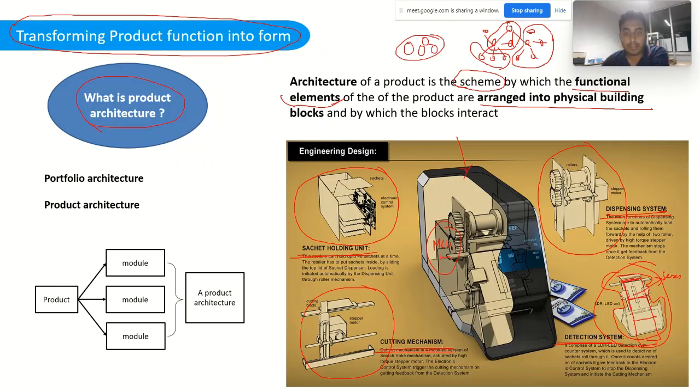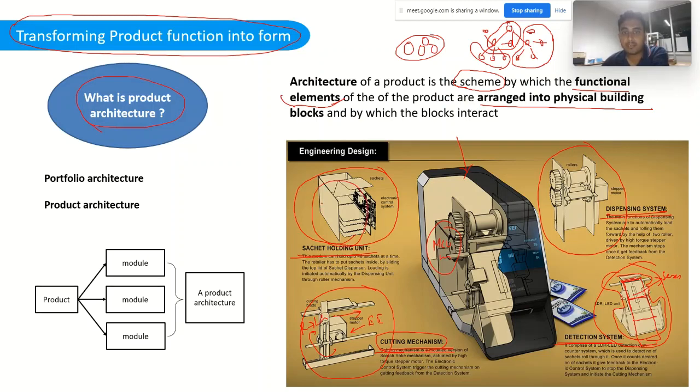Then we have the cutting mechanism, which converts electrical energy to rotational using a stepper motor. Then we have a mechanism where rotational motion is converted to linear motion to cut the sachets.